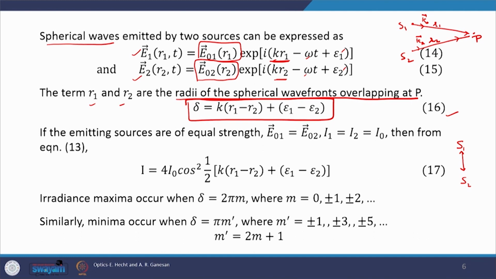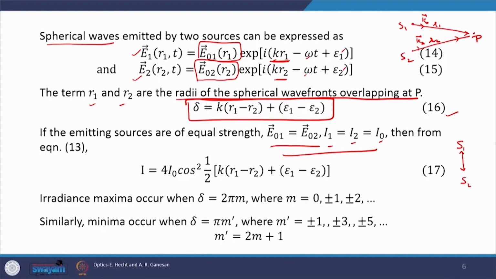And if the sources are of the same strength, then we can safely put vector E01 equal to vector E02 and I1 equal to I2 equal to I naught. I repeat, here we are assuming that sources are very closely spaced and point of observation P is situated at a distance much larger than the separation between the sources, and the interference pattern is observed around the center of the screen.